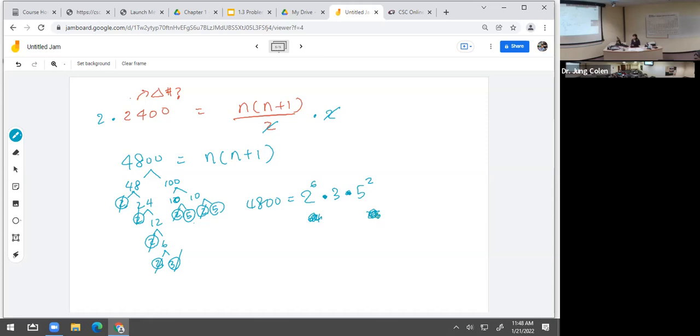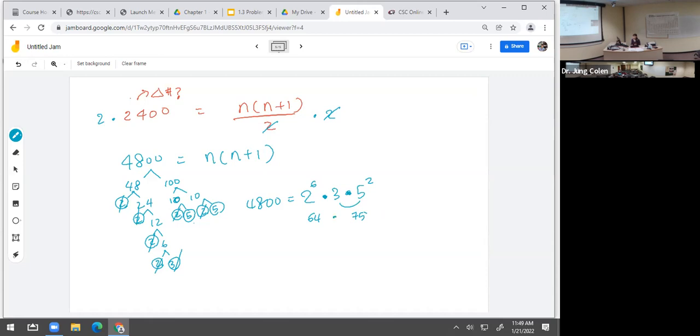You need to consider a combination that makes it closer to n times n plus 1, but it doesn't work because we just got 64 and 75. So that's one combination with big numbers.